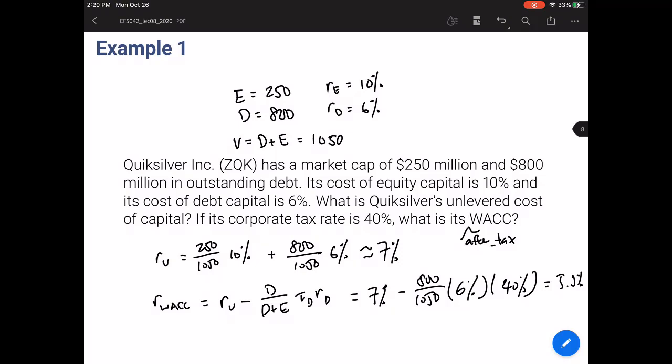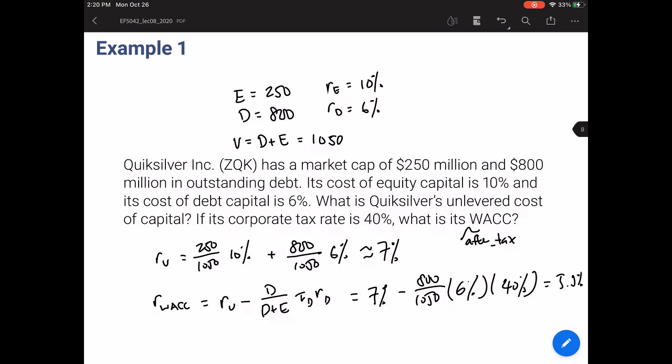All right, so our next step is I'm going to try to show you that whether or not you incorporate the tax shields directly into the discount rate or into the cash flow equation, it doesn't matter. It's going to yield the same value for the firm, and actually the algebra is quite simple.